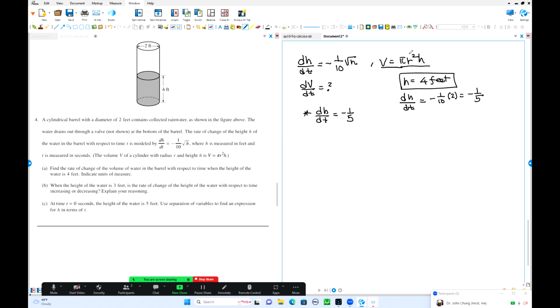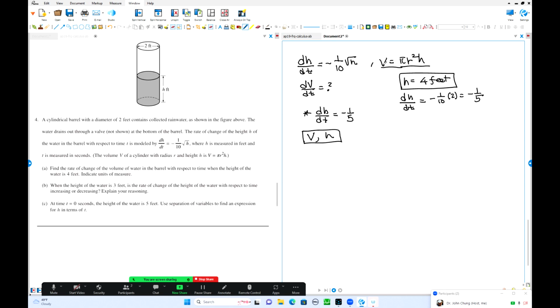Now this is the primary equation, because it gives the relationship between volume and height. But we know that the radius doesn't change. The radius is constant, don't forget this one. Only the height changes. So over here, the volume is a changing variable and h is a variable, only two variables.